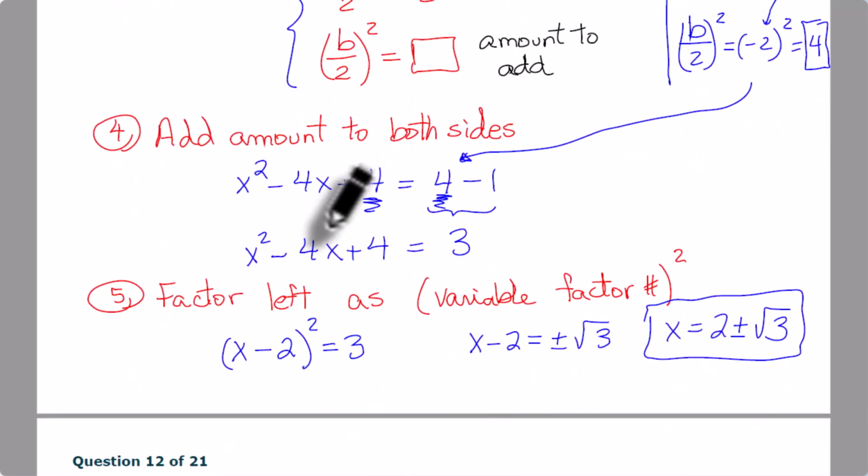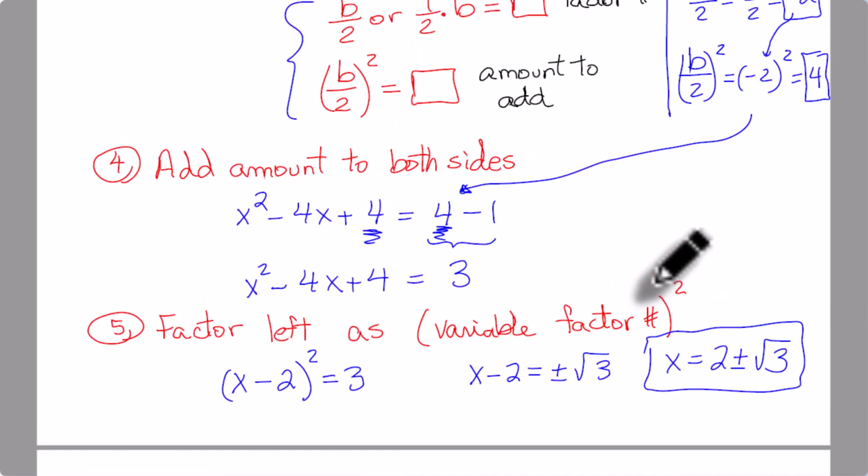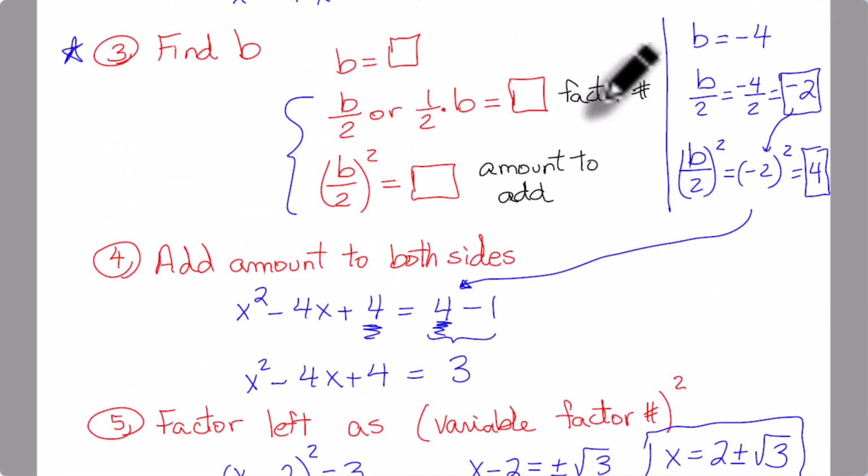Now, once you've added this thing in, the left-hand side will always, guaranteed, factor as whatever your variable is, and the factoring number I saved squared. Let's go back up here. Remember, my factor number was this B over 2, and look, it's minus 2.